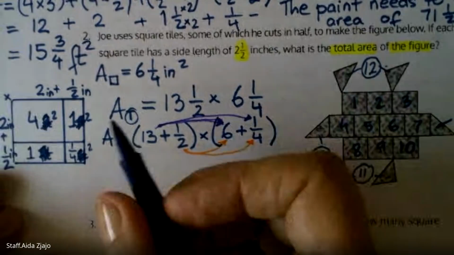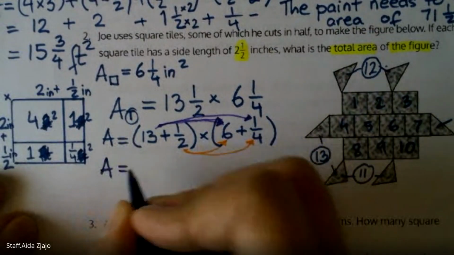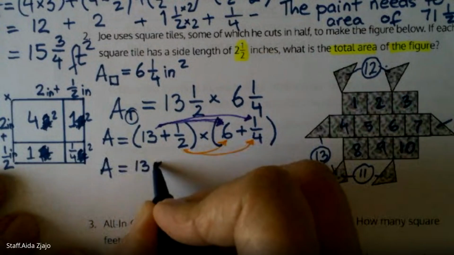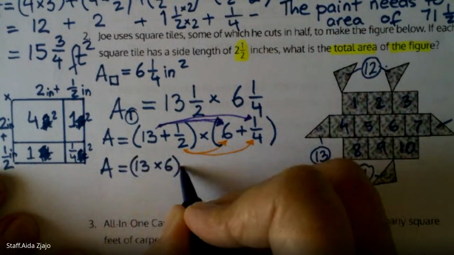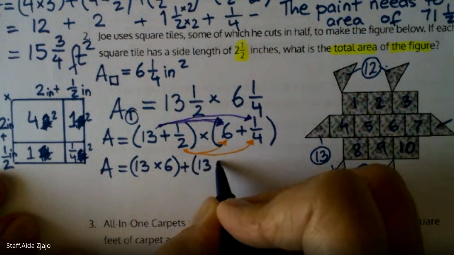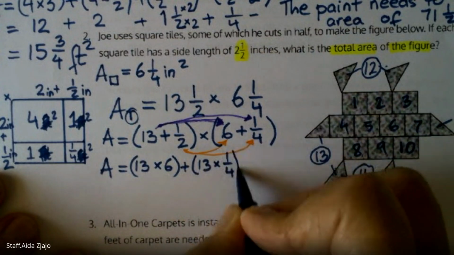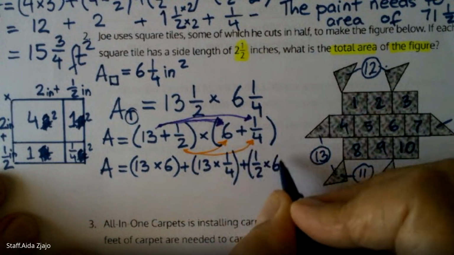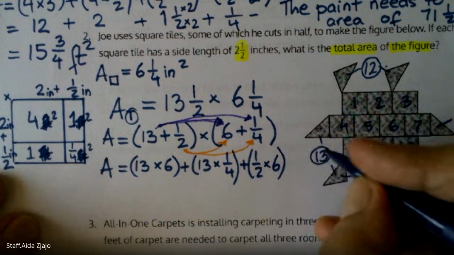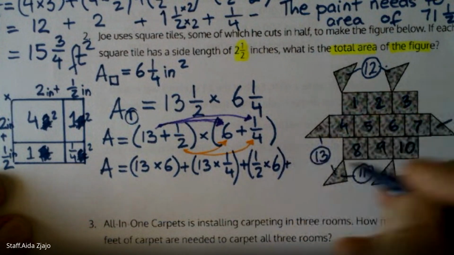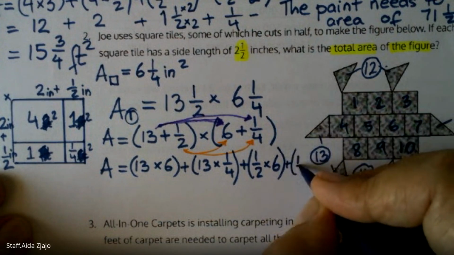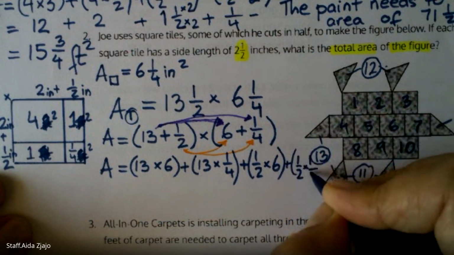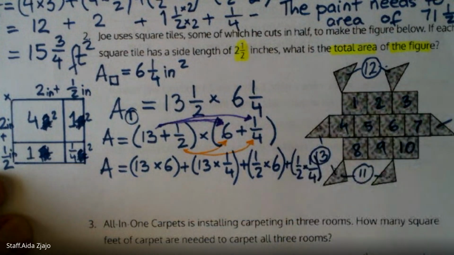Area equals 13 times 6 plus 13 times 1/4 plus 1/2 times 6 plus 1/2 times 1/4. Have to squeeze it somehow right here.